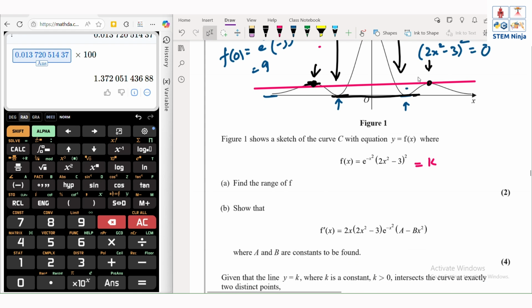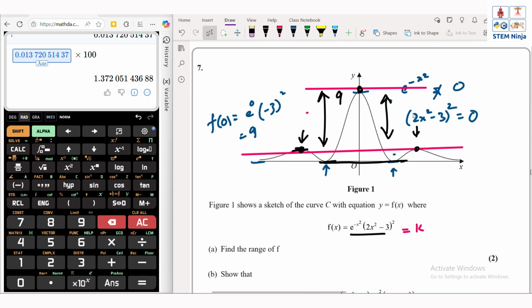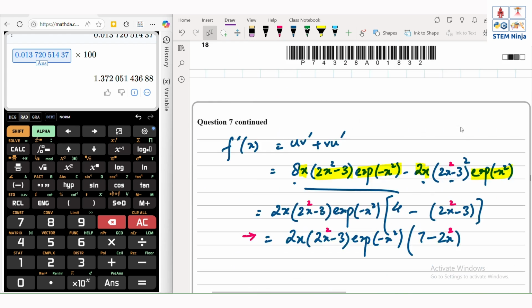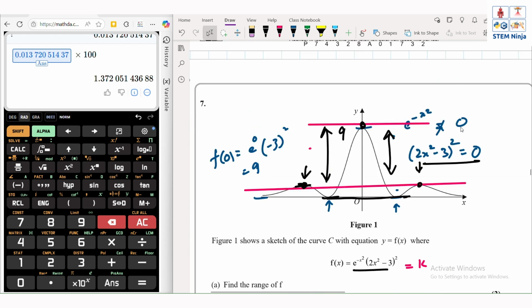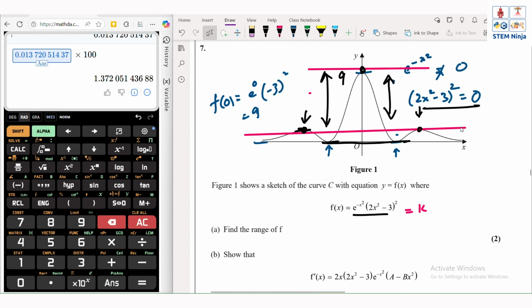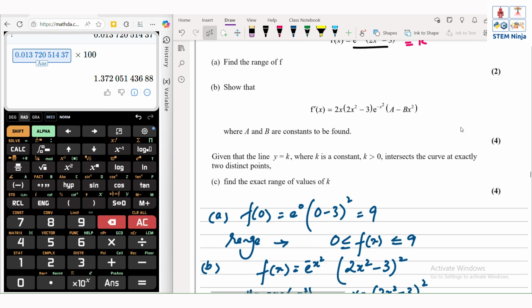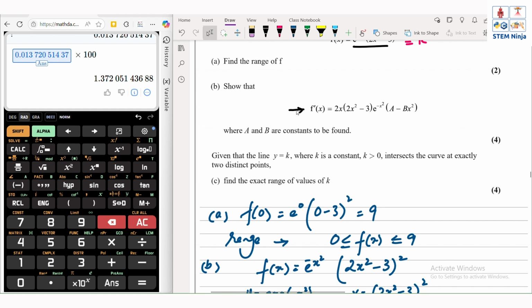To do that, we need to equate it to 0, and I think we talked about it in the start. Since we need the maximum point, we need to put this equal to 0.